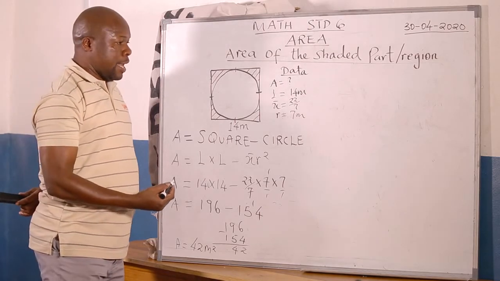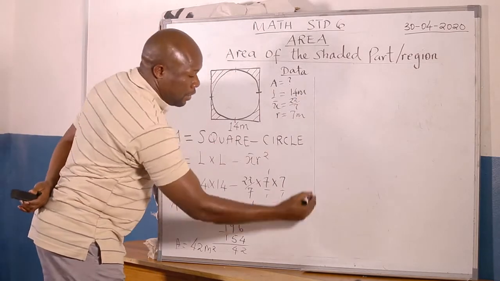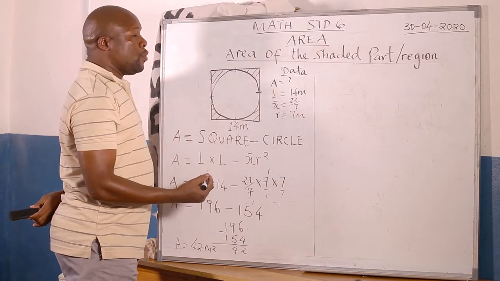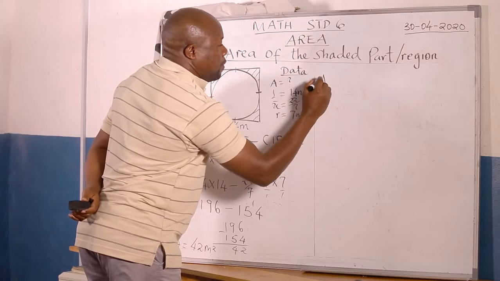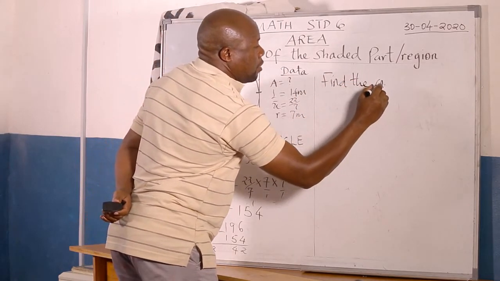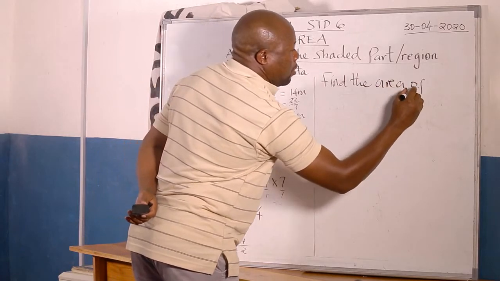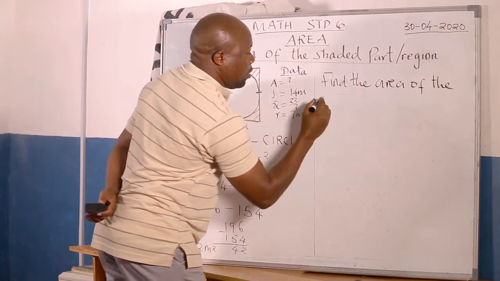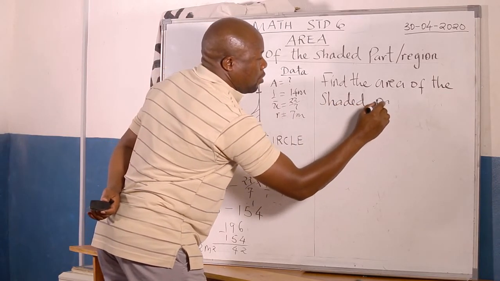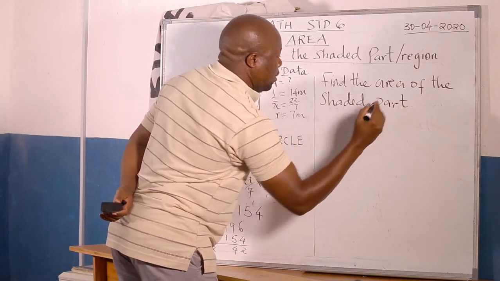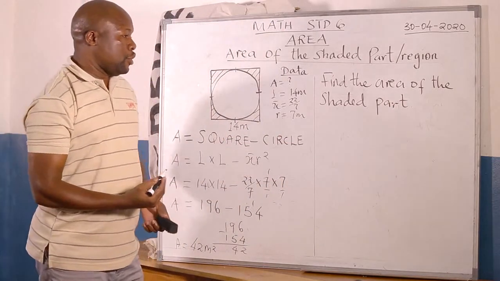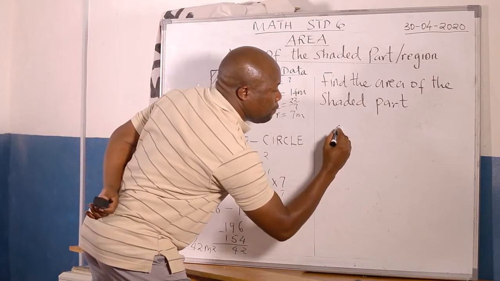Now, before I conclude, let me give you an example or an exercise to do. Dear pupil, you have been asked to find the area of the shaded part from the following figure.